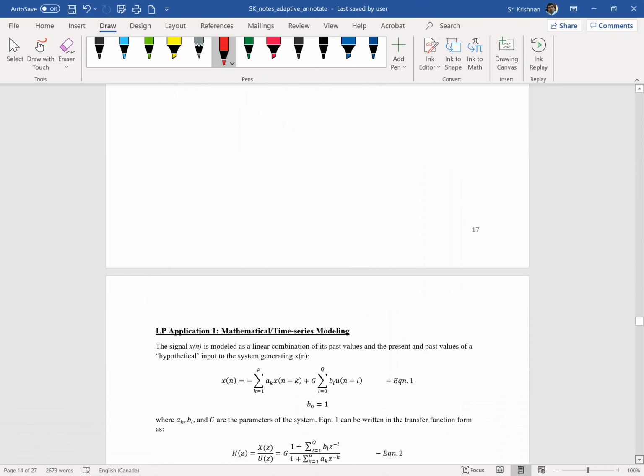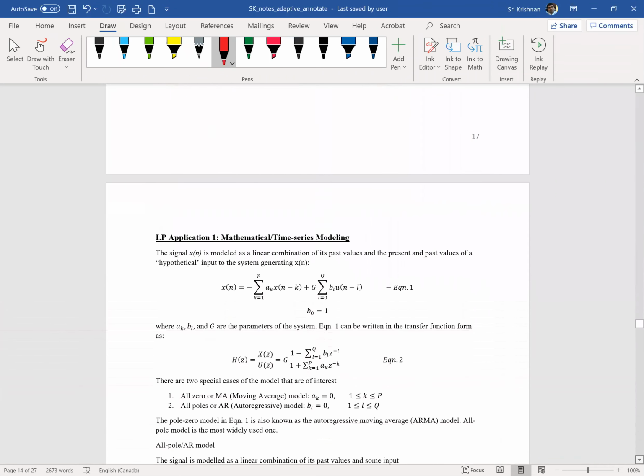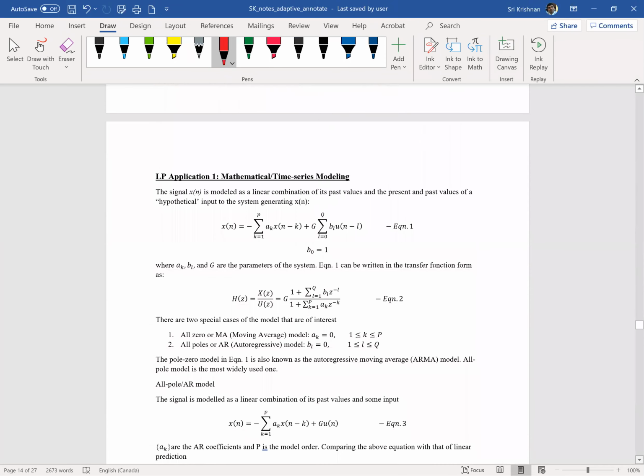that's the first application of linear prediction, or LP, in time series modeling. To be more specific, some people even call it mathematical modeling. Mathematical models have so much convenience in biomedical context. They allow us to understand the system property in terms of mathematics, and we have done this to some extent before when we did some simple feature extraction.